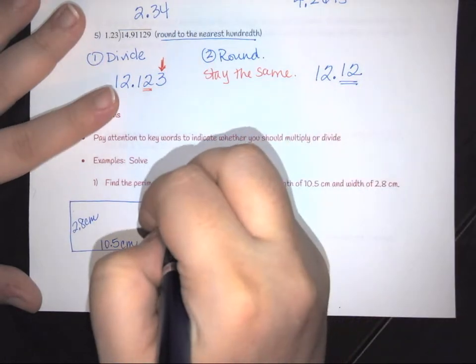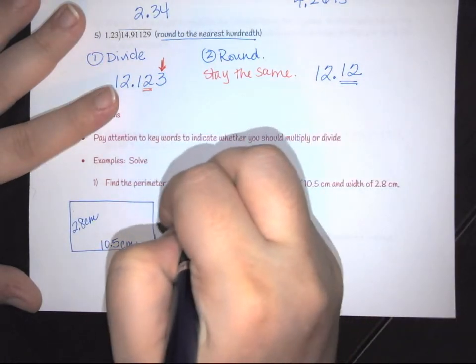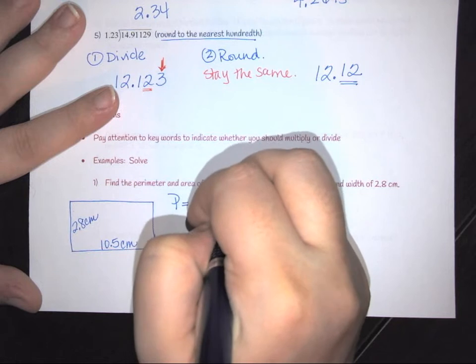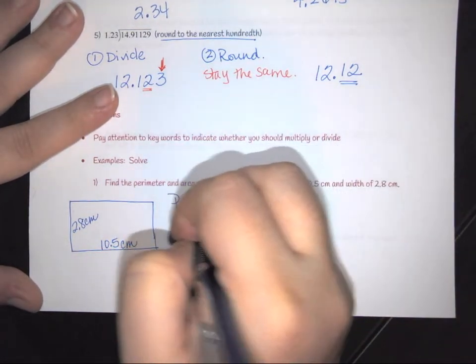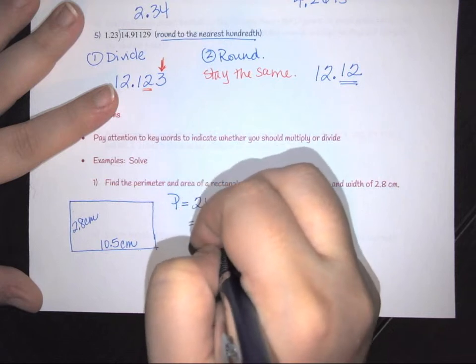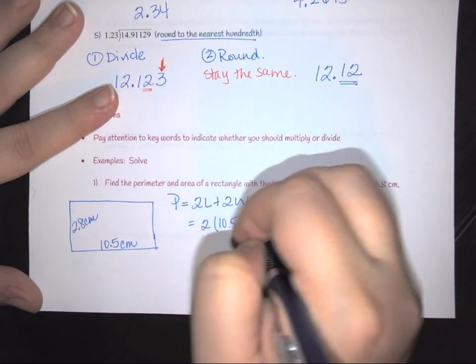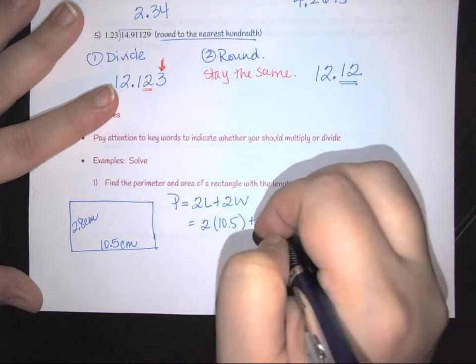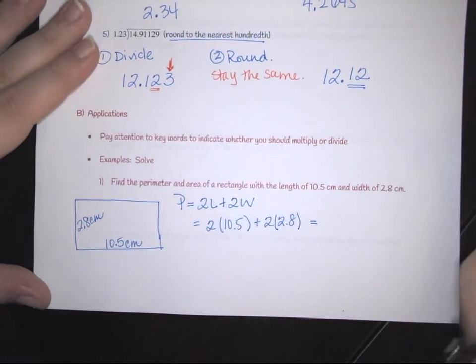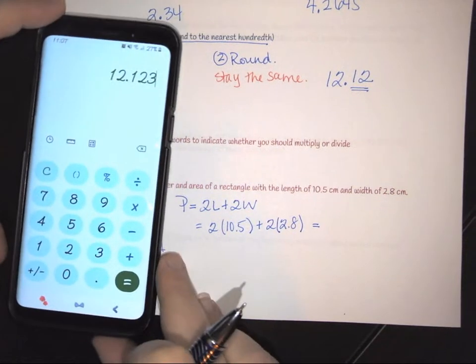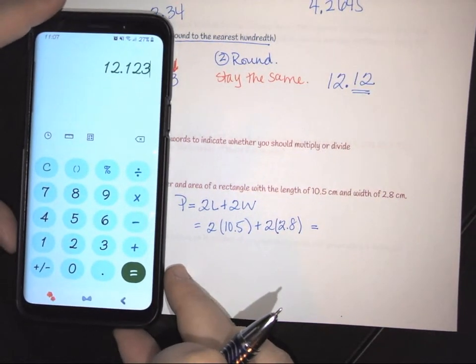Now first of all, we know perimeter can be twice the length plus twice the width. So here you want to plug things in. So this is 2 times 10.5 plus 2 times 2.8. We can use our calculator in order to calculate the answer.